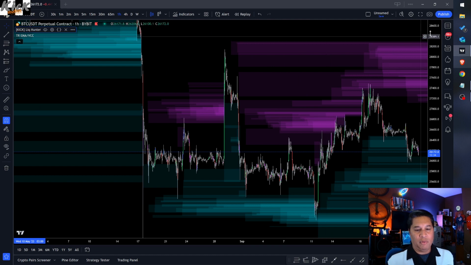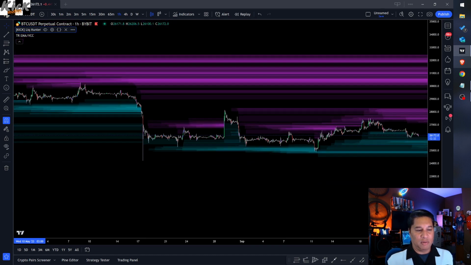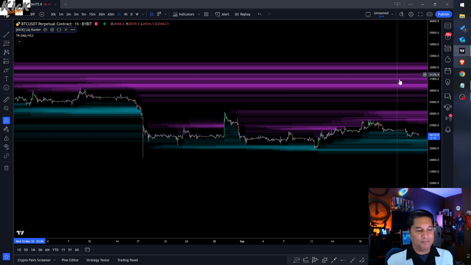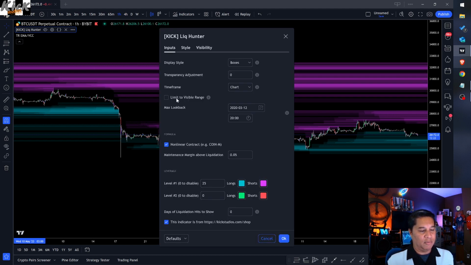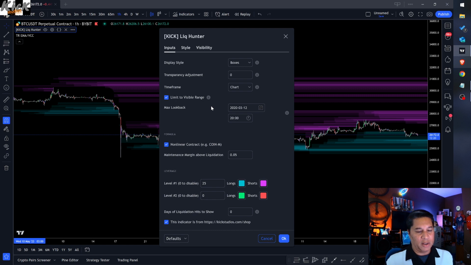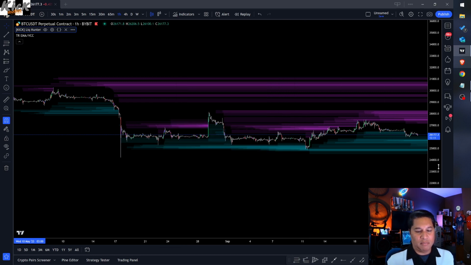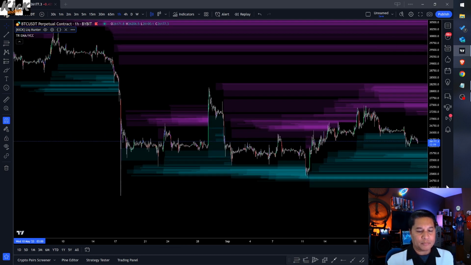Okay, useful too, if you're trying to find zones that were outside of whatever area of the screen you were viewing. Okay, so that's that. I like to keep it set to visible range only, just like I said, because it highlights only the things that are maybe more relative to you, as well as making your chart a little snappier.